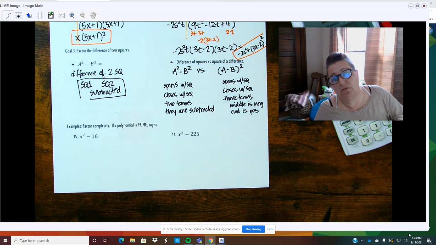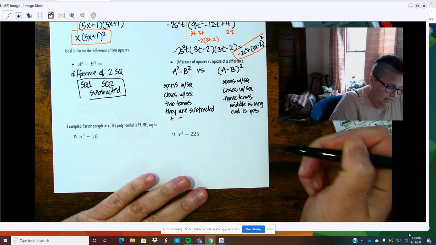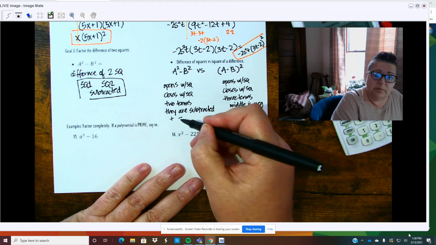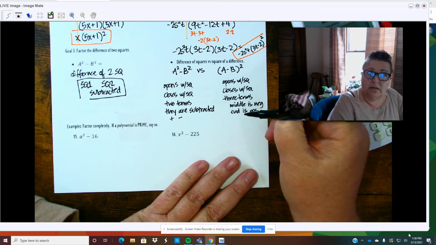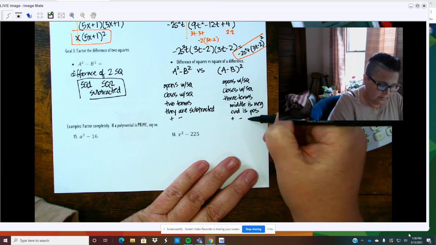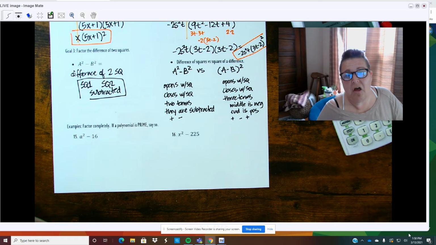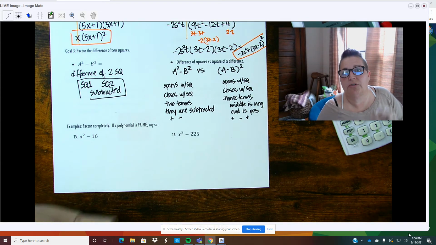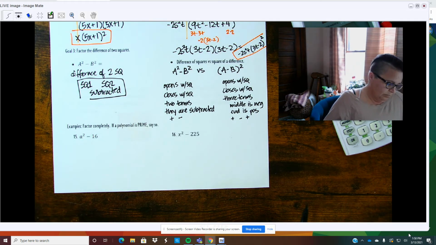So when you do the square of a difference, you end up with positive, negative, positive, right? So this one is positive, negative. So our first term is positive, but we're subtracting the end term. And for the difference squared, our first term is positive, middle term is negative, last term is positive because we have three terms. The biggest tell-all is that one has two terms and one has three terms. Okay?